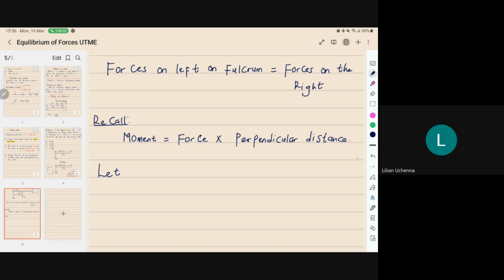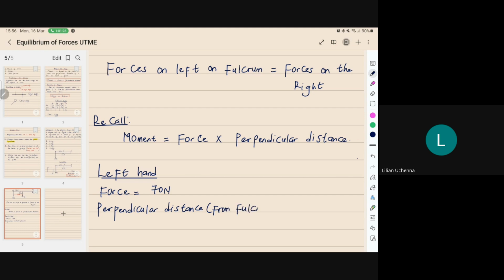So let's do the left-hand side now. So the force is equal to what? 70 Newton. Perpendicular distance from fulcrum. From fulcrum or fulcrum?